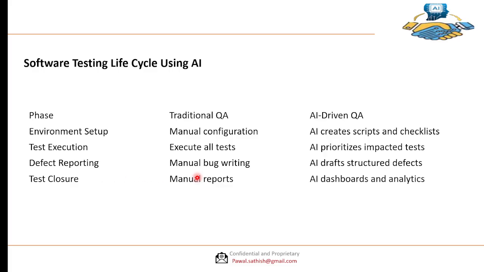For defect reports, we create manual defect reports, adding the summary, steps to reproduce, actual result, expected result and screenshot. Whereas using AI drafts structured defects in a proper way and also identifies the duplicate defects and mentions them in the defect.